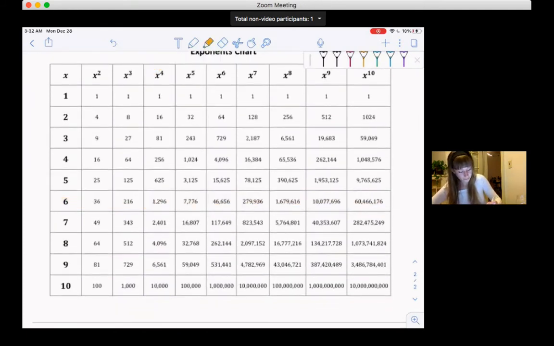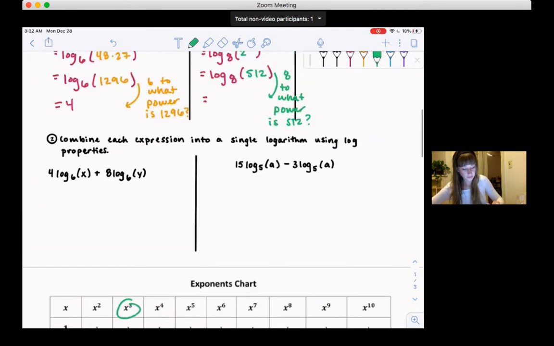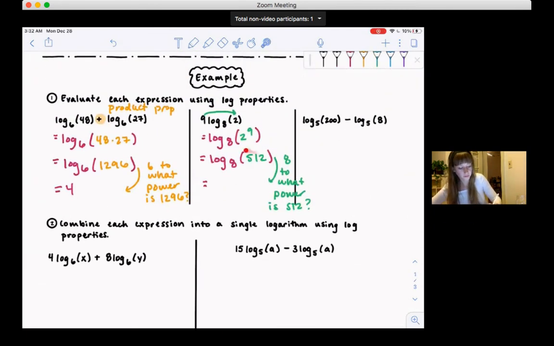Okay, so here are the powers of 8. Here's 512. That's the third power of 8. So that's telling me that this logarithm is equal to 3. And that's our final answer for that one.